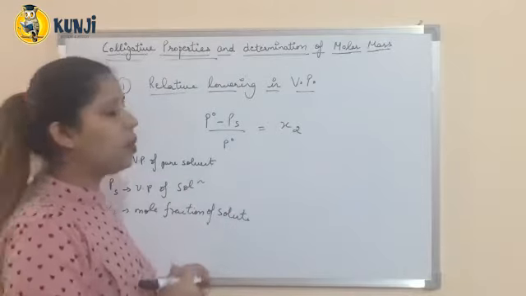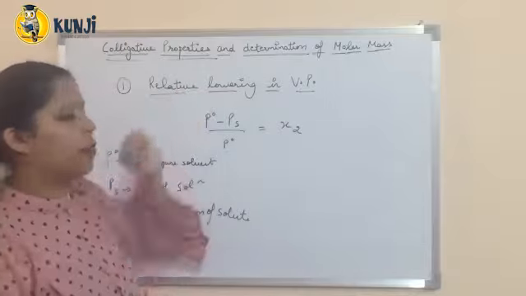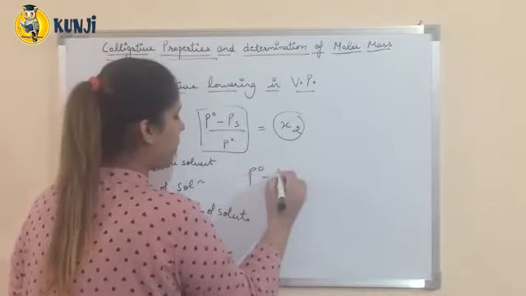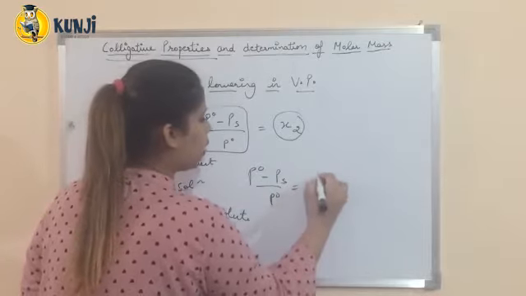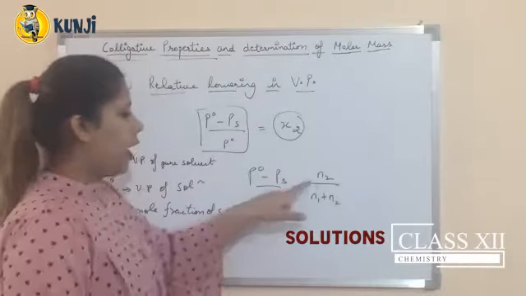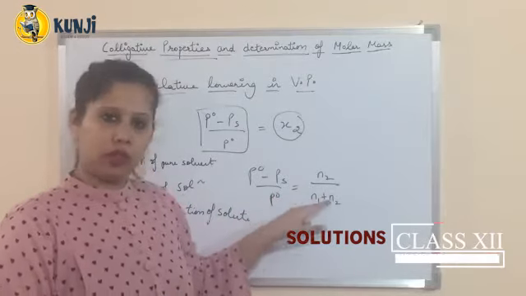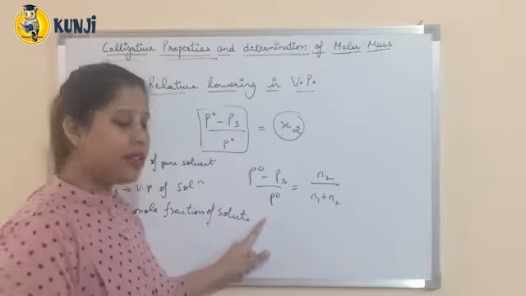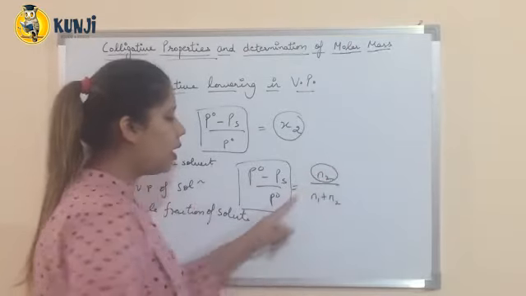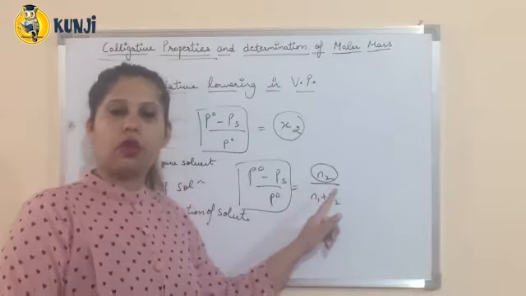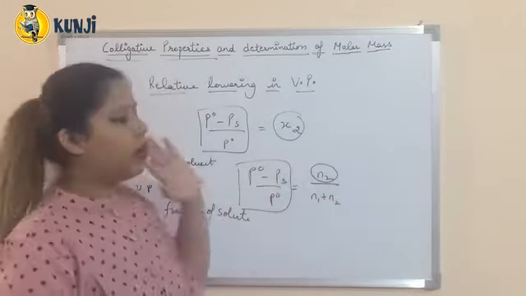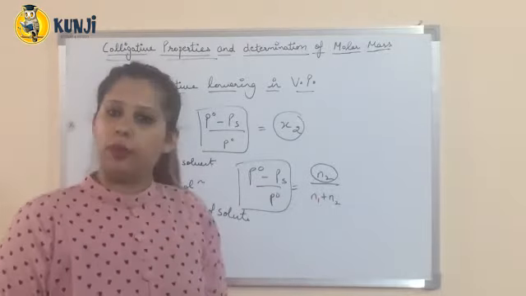So how can we prove that relative lowering in vapor pressure is a colligative property? This formula can be rewritten as P0 minus Ps upon P0 is equal to N2 over N1 plus N2, where N2 is the number of moles of solute. So from here we can clearly see that the relative lowering in vapor pressure is directly proportional to the number of moles of solute or number of particles of the solute. So hence we can say that relative lowering in vapor pressure is a colligative property.